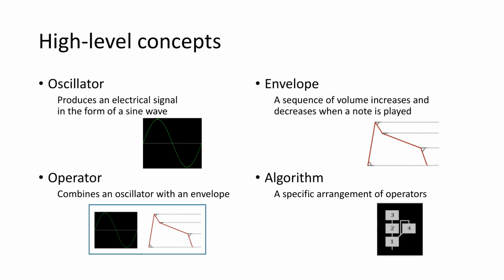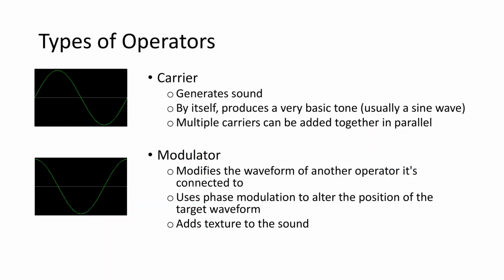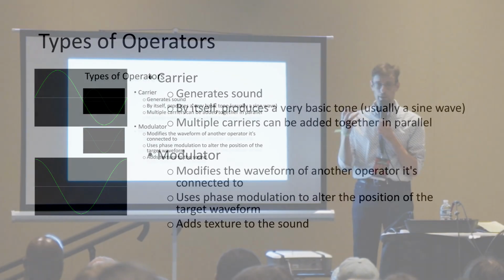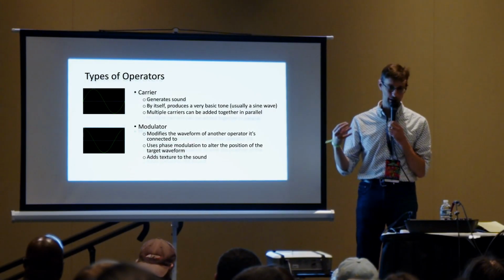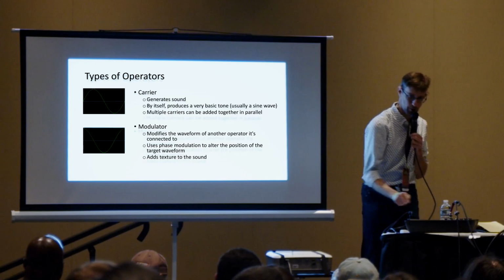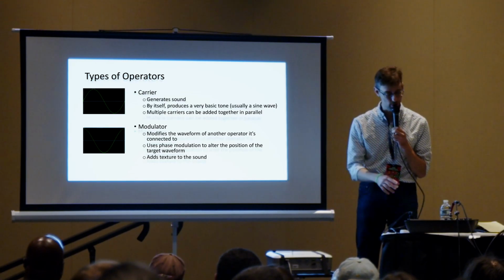Okay? So let me move into what these operators do. There are two types of operators: a carrier and a modulator. The carrier is what you're hearing. It is plugged to the output of whatever you're playing through.